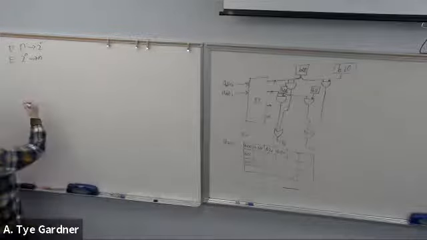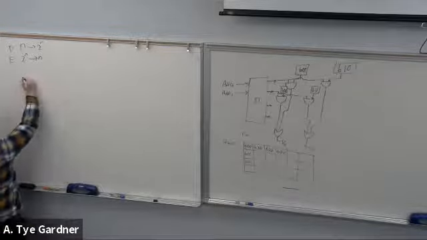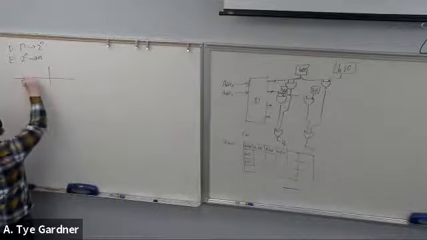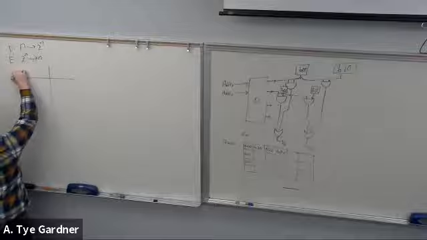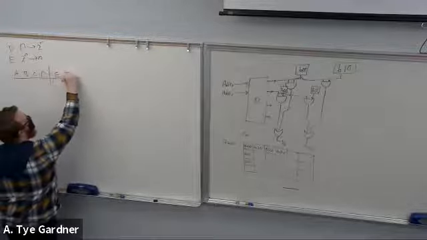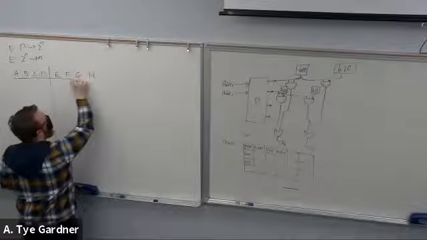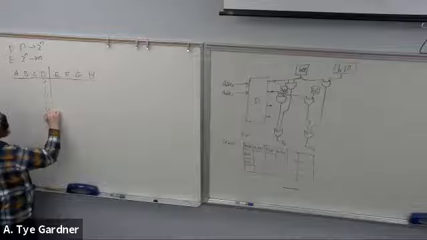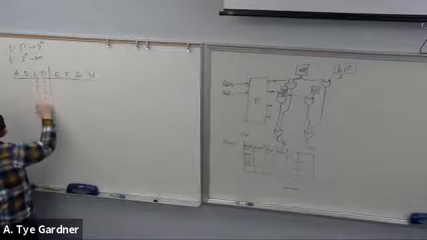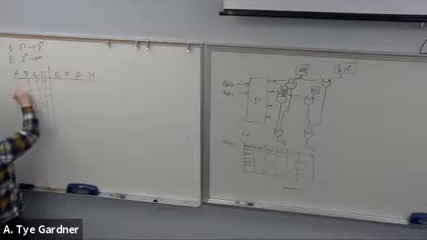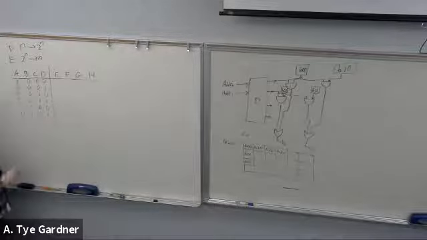So let's say that we have a truth table, and it's going to have so that's my binary input.